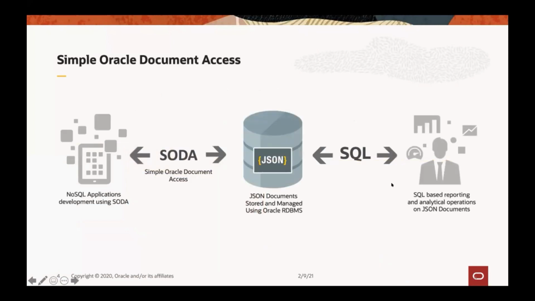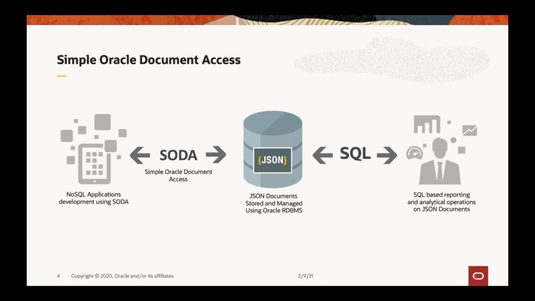So, an introduction to Simple Oracle Document Access, or SODA. It's a set of NoSQL style APIs for managing document collections in Oracle database. Documents are usually in JSON format, but we support non-JSON formats as well, like PDF, XMLs, and other binary formats. If you're a NoSQL programmer, you could use SODA to access JSON documents in Oracle database.